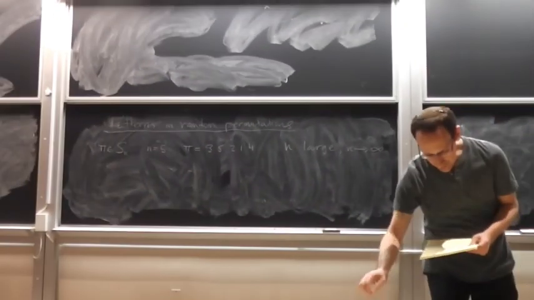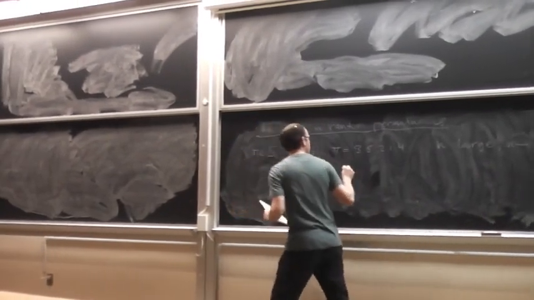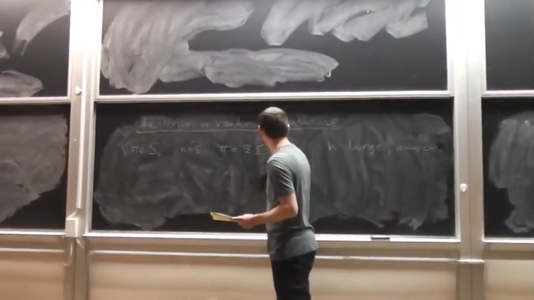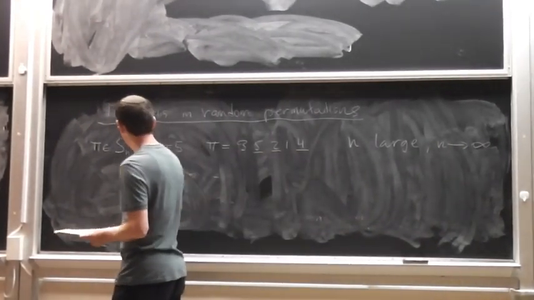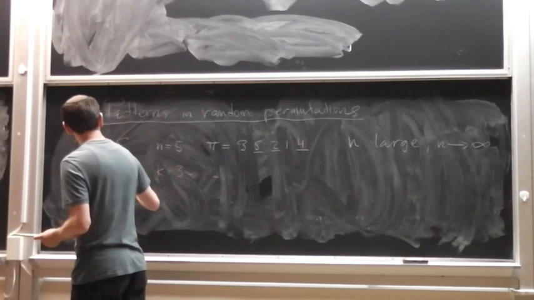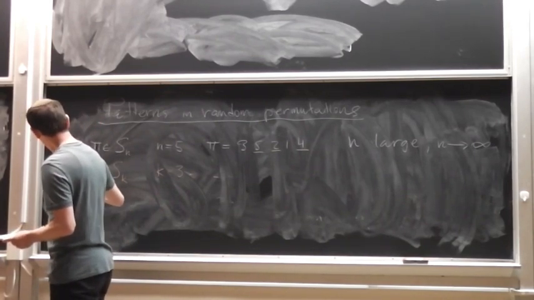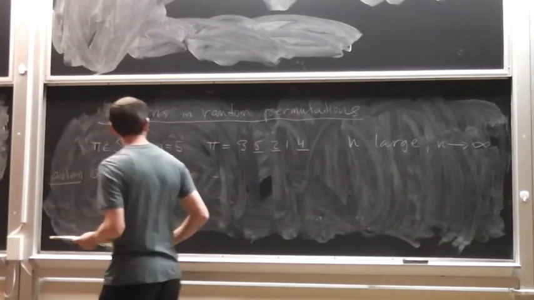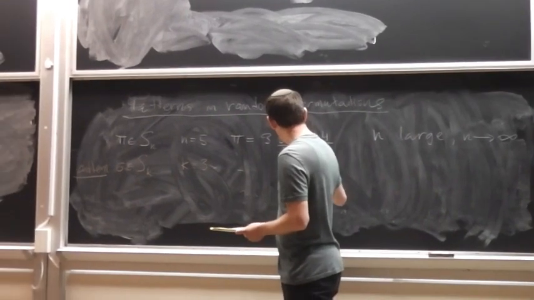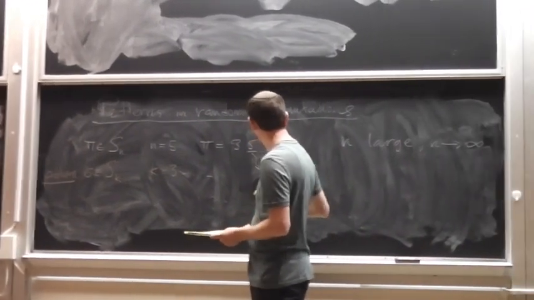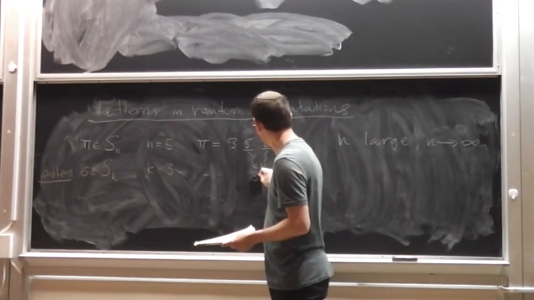Now, a pattern of size k, for every fixed k, means we can restrict to k entries. So for example, let's take k equal to 3, and sigma in S_k is a pattern. Here's the definition: a pattern sigma occurs in the permutation pi if in these 3 entries you find the ordering type of sigma.